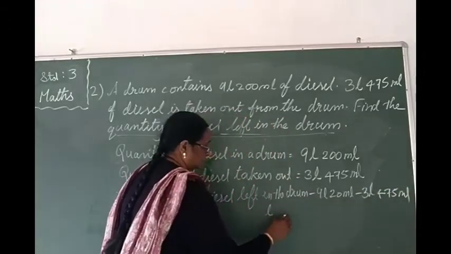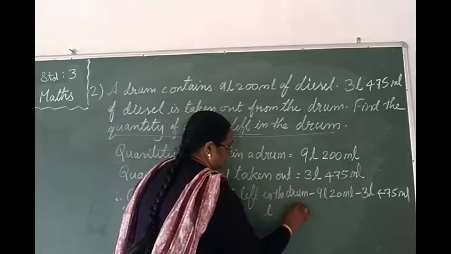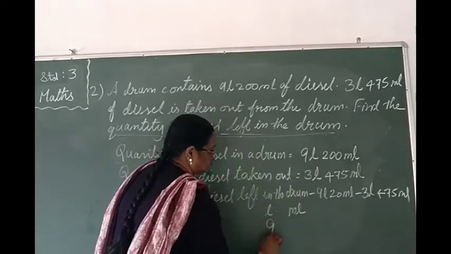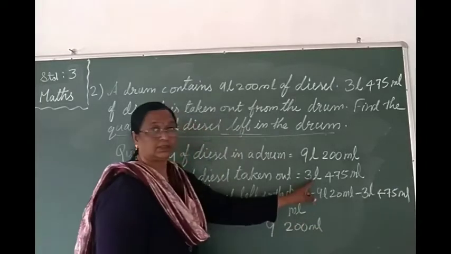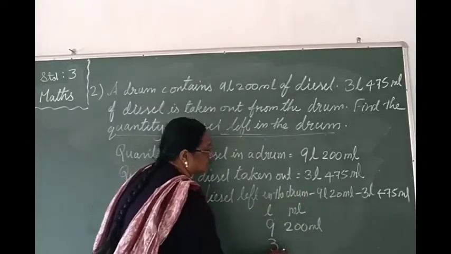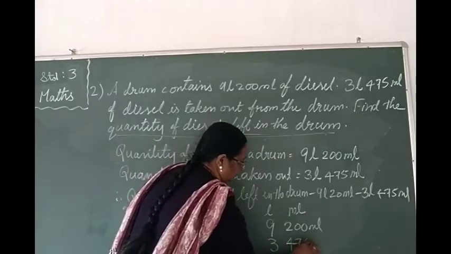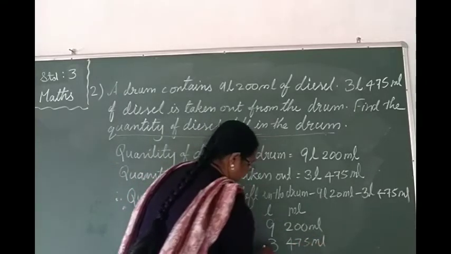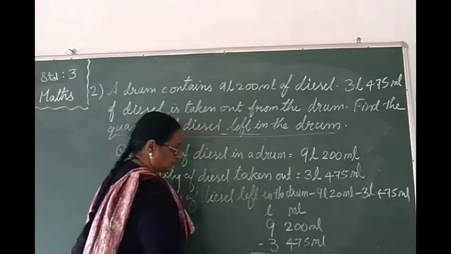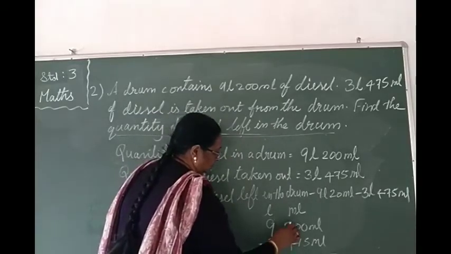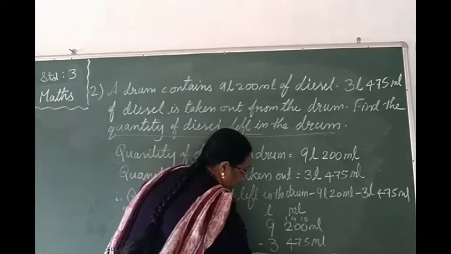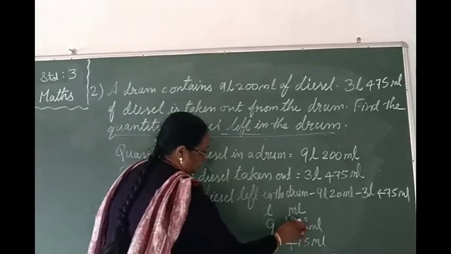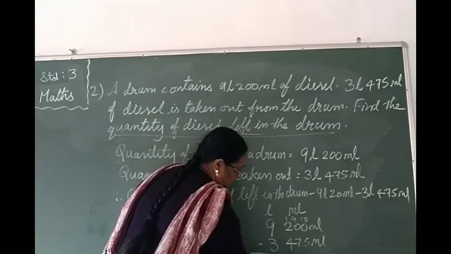Okay, we have to write the unit first. Liter, milliliter. 9 liters 200 milliliters. What is the next one? 3 liters 475 milliliters. Shall we subtract? Now we have to borrow. Now it is going to be 10. 10 minus 5, 5. 9 minus 7, 2.